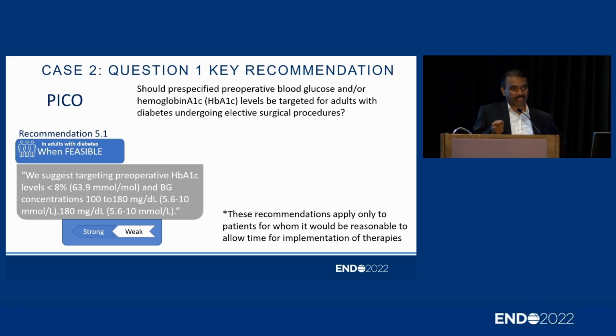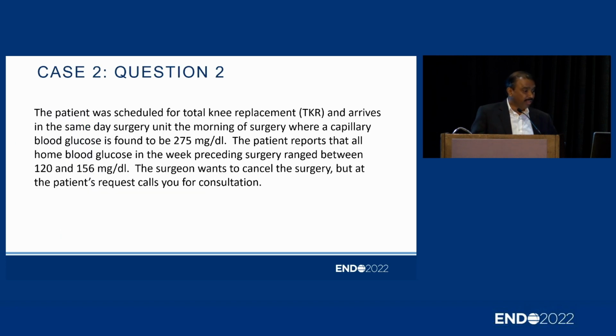So in that situation, we considered all of these factors and then put a threshold of less than 8%, greater than 8%. That's the threshold that we chose. So when feasible, that's what we want to achieve. So I want to make sure that that's how we came to this recommendation.